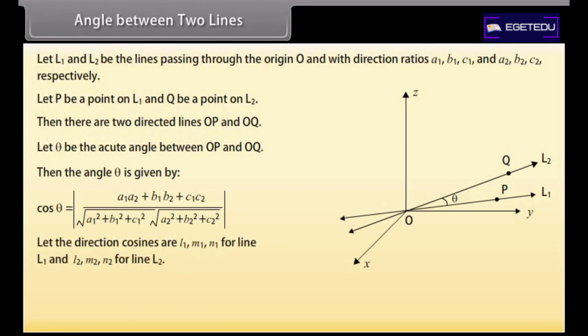Let the direction cosines be l1, m1, n1 for the line L1 and l2, m2, n2 for the line L2. Then cos theta equals the modulus of l1 l2 plus m1 m2 plus n1 n2.